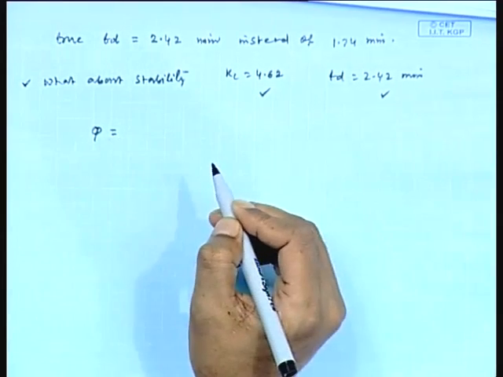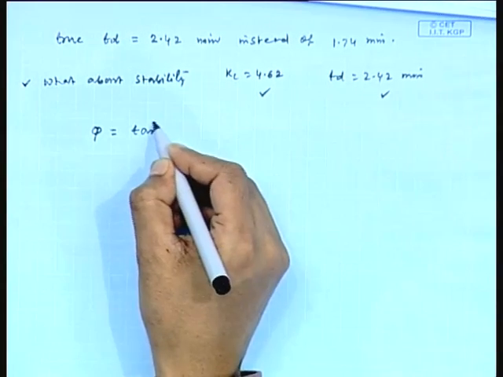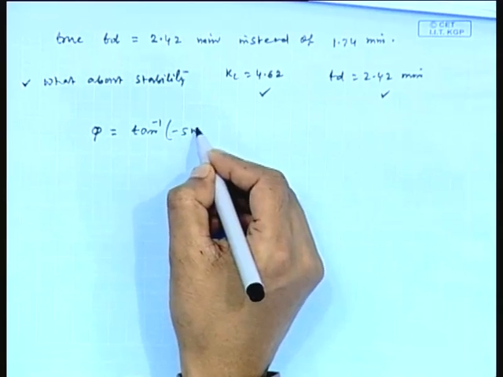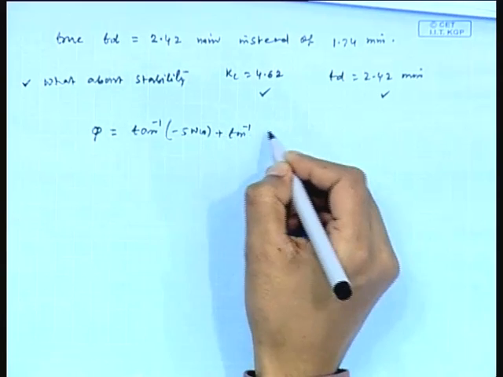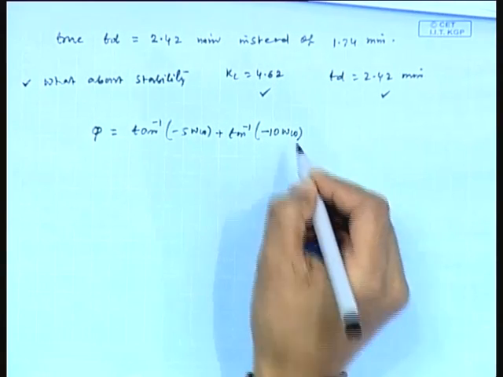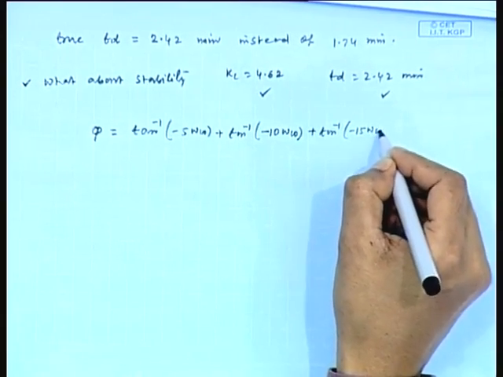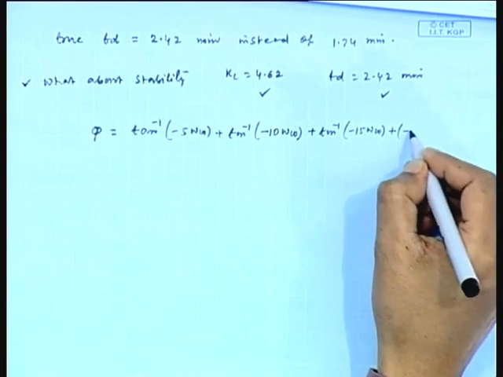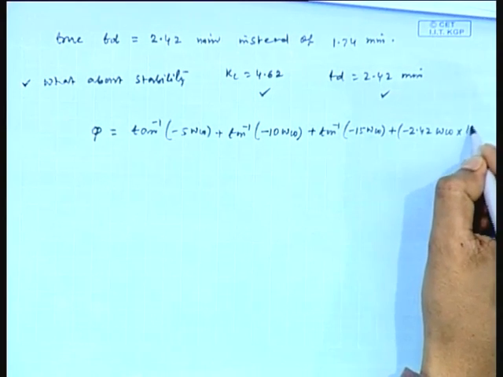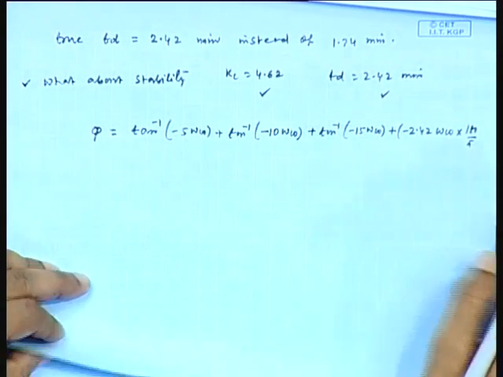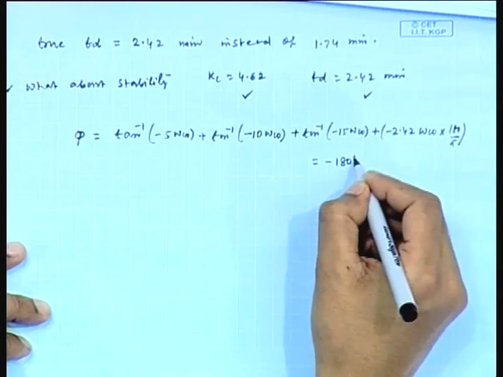So, again we need to write the phi expression: tan inverse minus 5 omega C naught plus tan inverse minus 10 omega C naught plus tan inverse minus 15 omega C naught minus 2.42 omega C naught multiplied by 180 divided by pi, and this is equal to minus 180 degree.